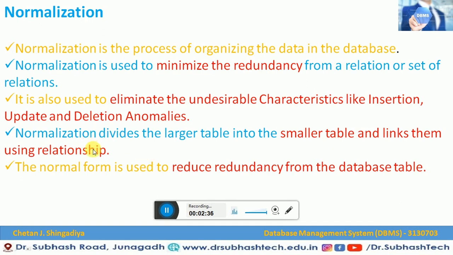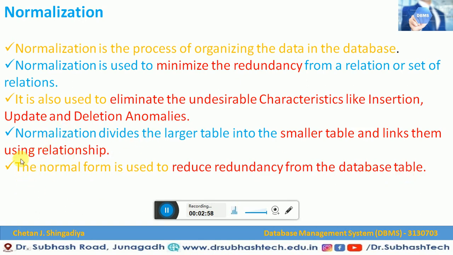Now this is something that we have to understand. While doing the normalization of any relation, we are going to divide the particular table into one or more tables, and then link those tables using relationships. So this is one kind of normalization. The normal forms are used to reduce the redundancy from the database table.